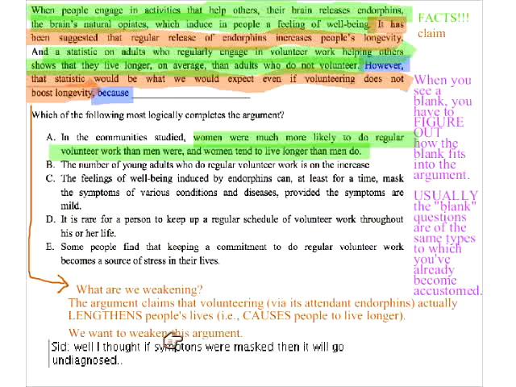What you're trying to show is that you're trying to directly address the issue of volunteerism, not so much the issue of endorphins. So this is arguing about a minor point regarding endorphins, but it's not addressing the main point of the argument, which is whether volunteerism causes people to live longer or not.